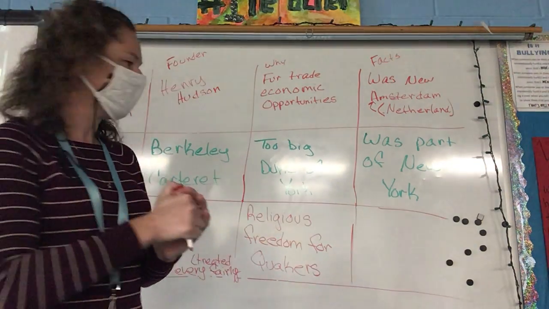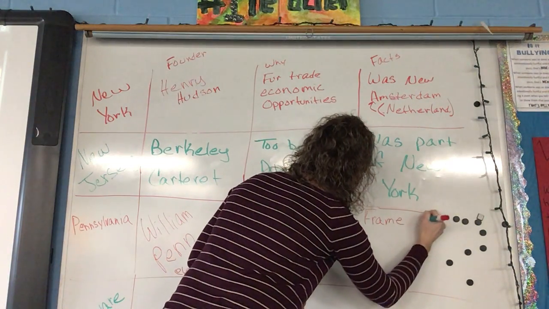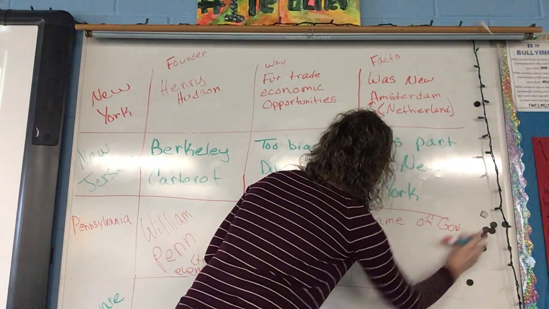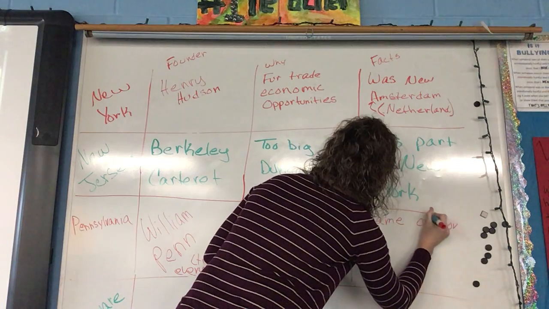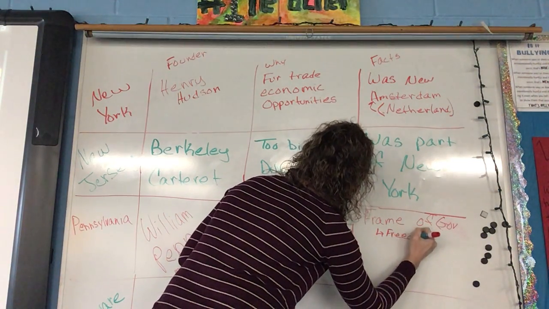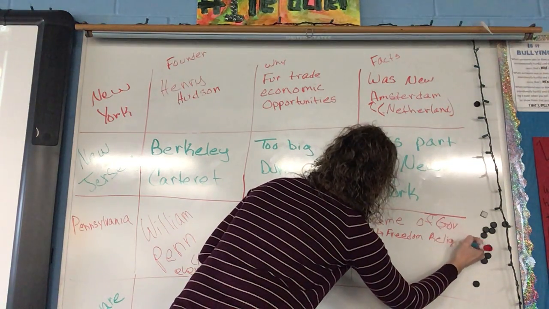Okay, so I'm going to write up here Frame of Government, and I'm going to abbreviate government G-O-V. Okay. And the freedoms they had were freedom of religion. If I'm writing this down, what should you be doing?